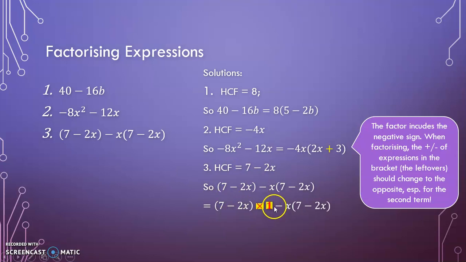Remember, 1 is the most common hidden factor of everything. Everything can be viewed as its multiplier of 1. So you take out 7 take away 2x. If you take that out, you still have 1 that's left here. So as a result, this is the common factor we've taken out. Whatever has left is 1 minus x.